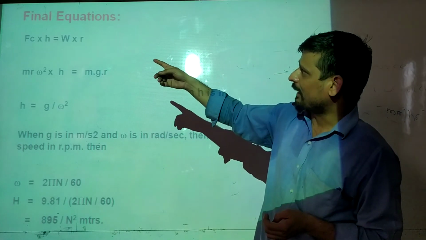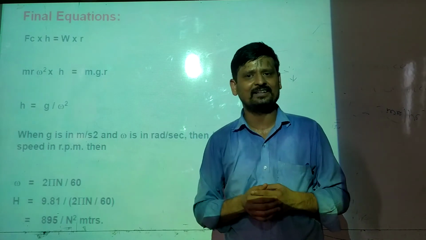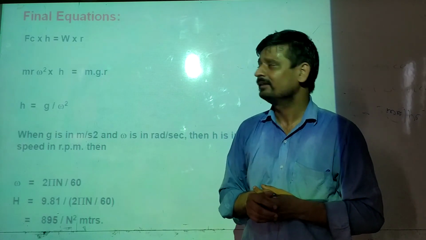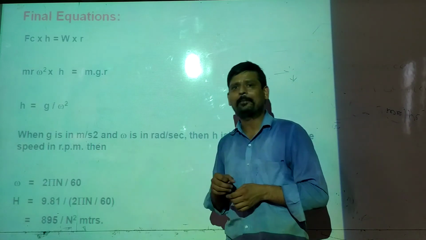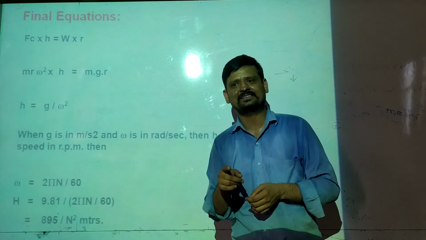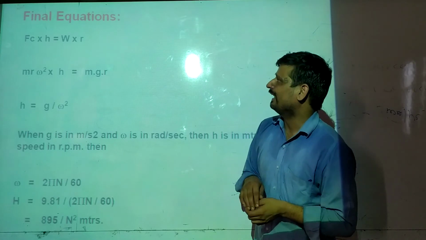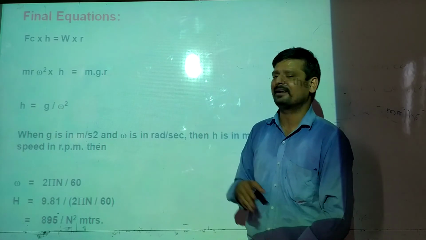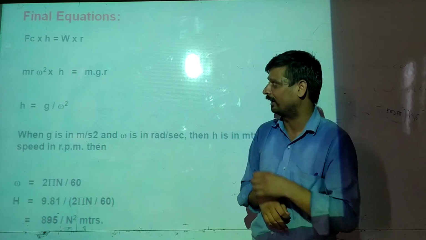Small h is the height of a governor and small r is the radius of rotation. Clear? So when I take the moment about the pivot point, the point of intersection of the upper arm to the spindle axis, then the equation can be written like this: Fc times h is equal to W times r.